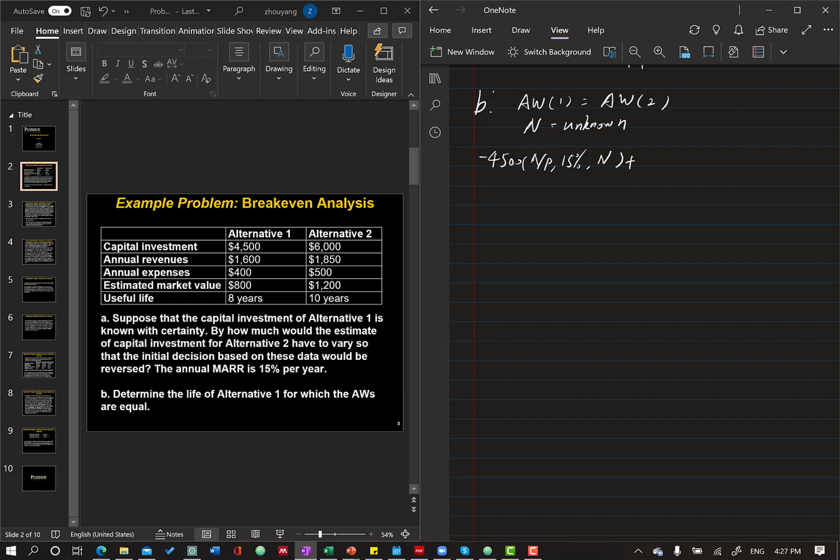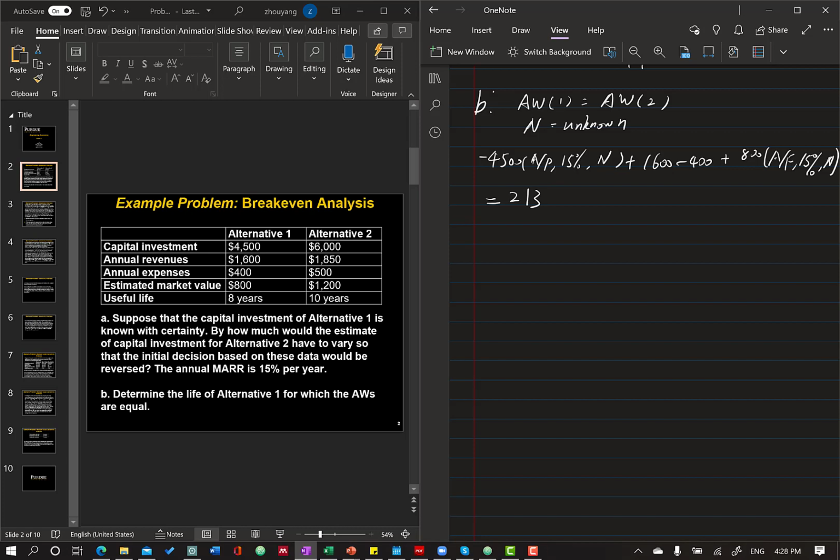And we have the annual revenue and the annual expense, 400, and the market value, so A given F, 15%, and we put big N there. This equation will equal the annual worth of 2, which would be 213.